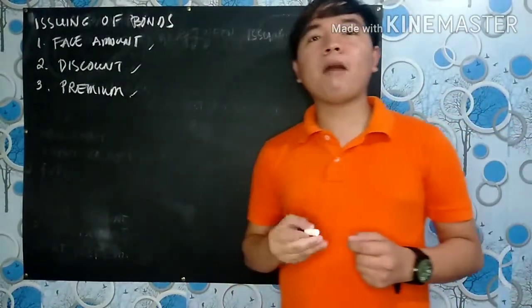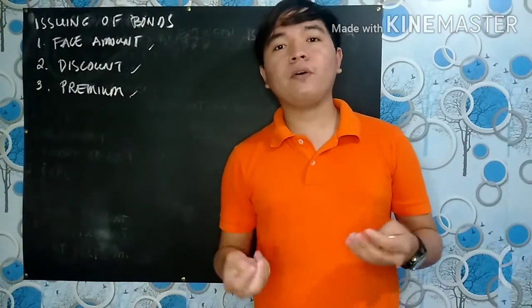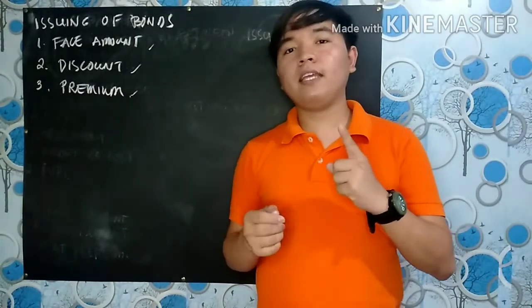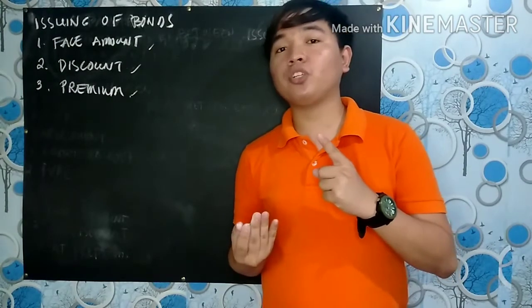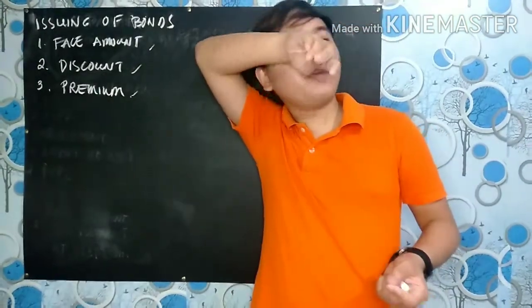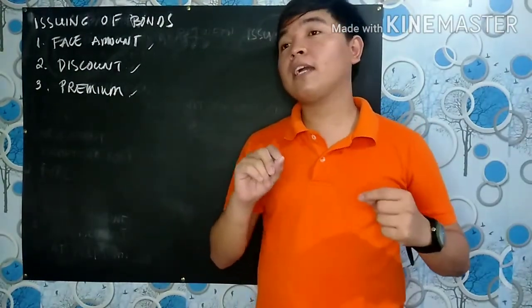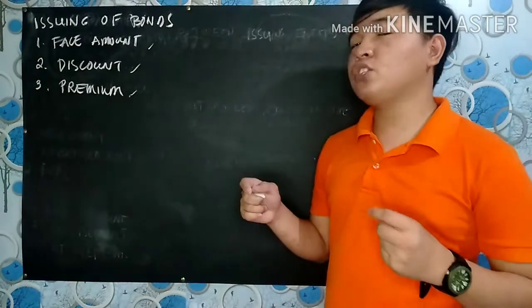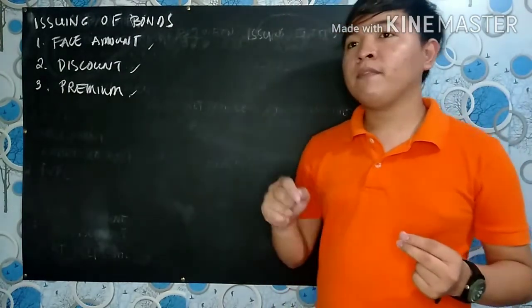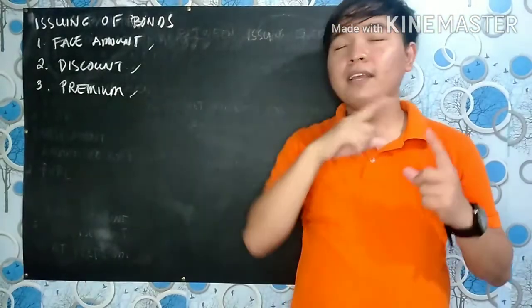When we say face amount, di ba, meron tayong bond certificate. So, bawat isang bond certificate, meron siyang equivalent denomination. So, let's say, we are authorized to issue the bond certificate. Ang value ng bonds ay halagang 1,000. So, kapag nag-issue ka ng 5,000 bond certificates, so 5,000 multiplied by 1,000 kasi yun yung value ng isang certificate.